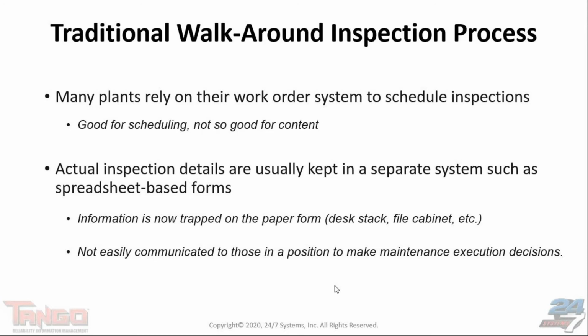The feedback I've had is that at that point, all I know is that we did something in the utility room. I don't really know how many of the assets the lube tech touched, how much grease he added, how many compressors he might have found that were low on oil and needed a lot of makeup oil. The details, the content tends to be lacking when I'm depending on the work order system to trigger what I'm doing on my walk-around inspections.